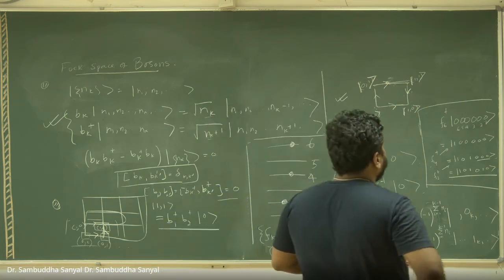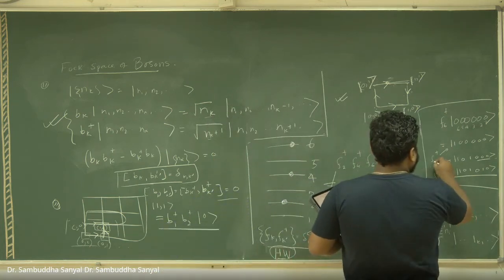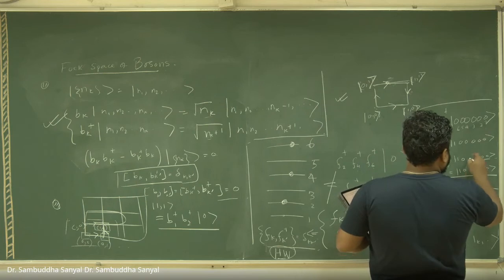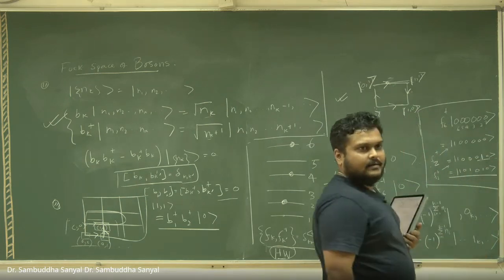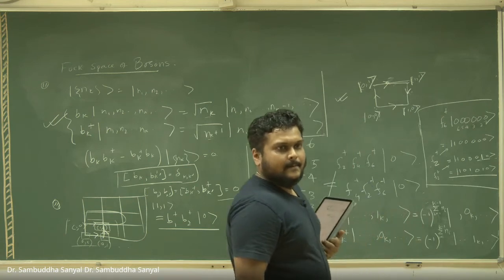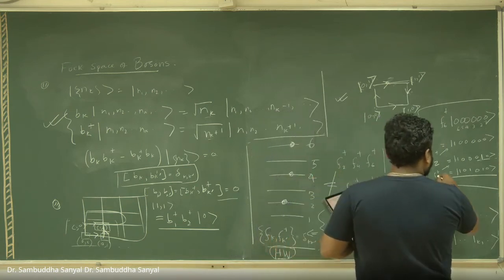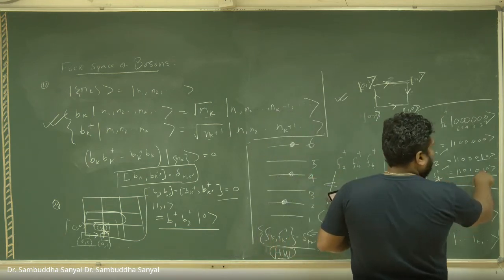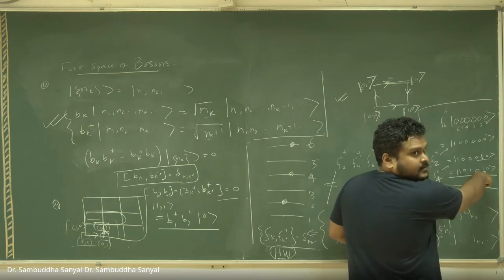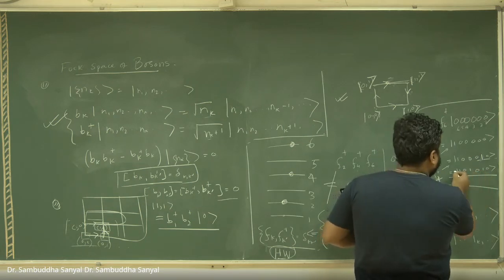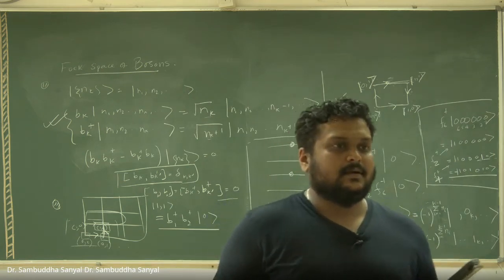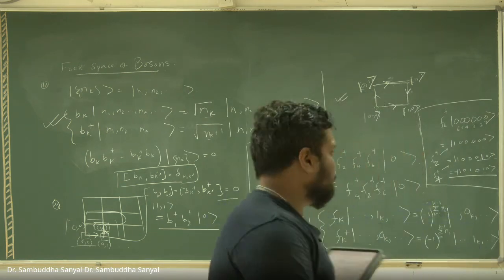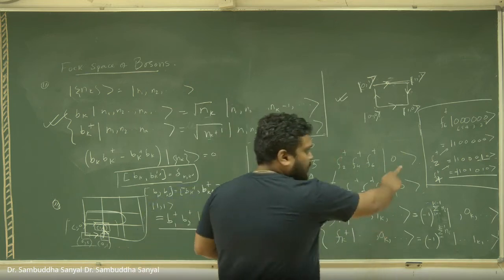If I do first 2, and then act 4, there is already a 1 here, right? So I sum it up and put a minus sign. Everybody clear how I apply this rule for this configuration?